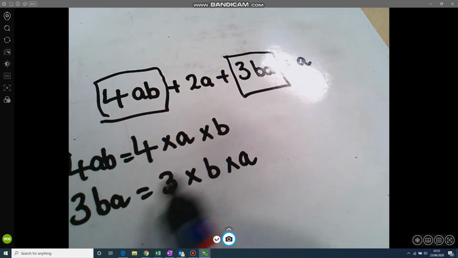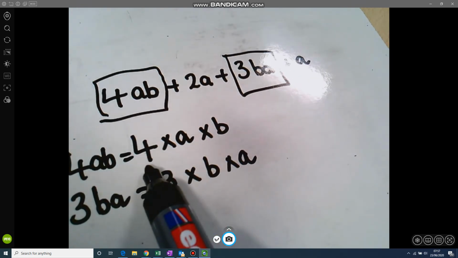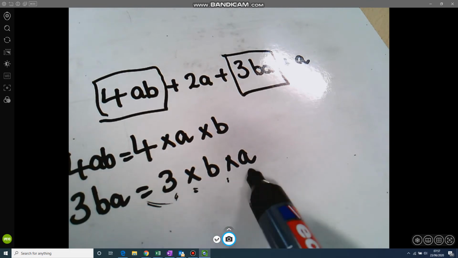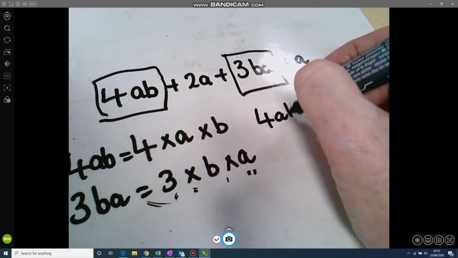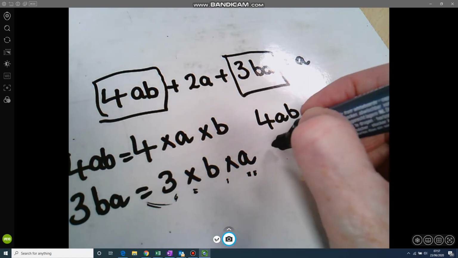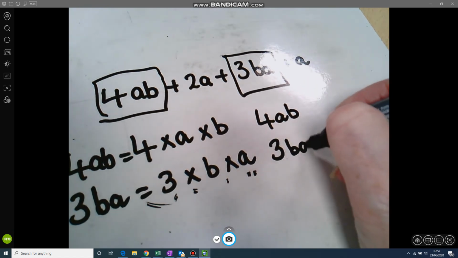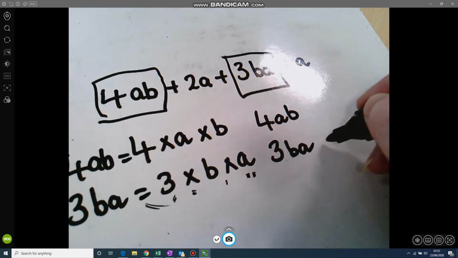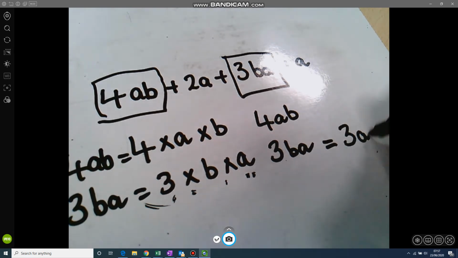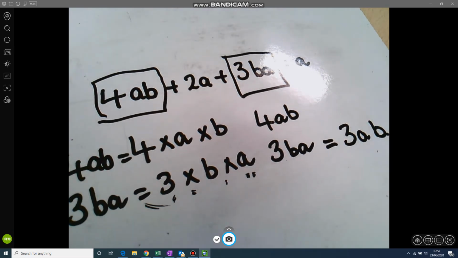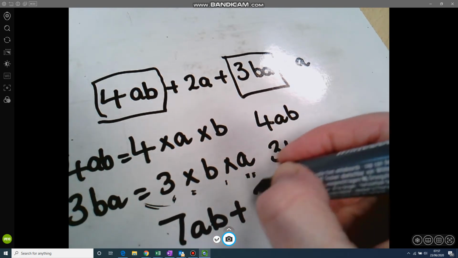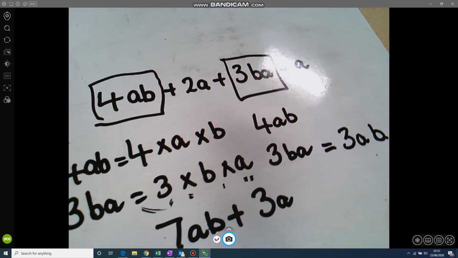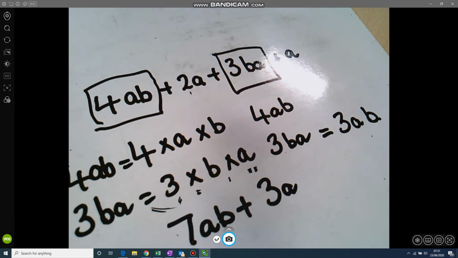Now, you know that if you multiply, it doesn't matter which order you multiply in. So therefore, 4ab is the same type of term as 3ba, because 3ba can be written as 3ab. So we end up with 7ab plus 3a, which is our 2a plus a.